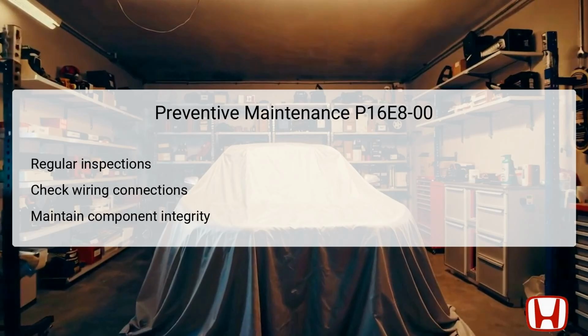Additionally, maintaining the integrity of components such as the shutter grille will help prevent errors in communication. Early identification of any potential issues can save time and costs down the line by addressing them before they escalate into more complex failures. Implementing a regular maintenance schedule is a practical approach to preserving vehicle longevity.